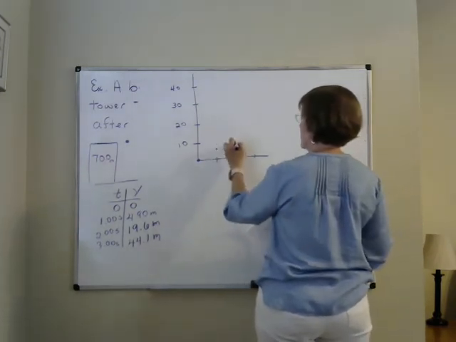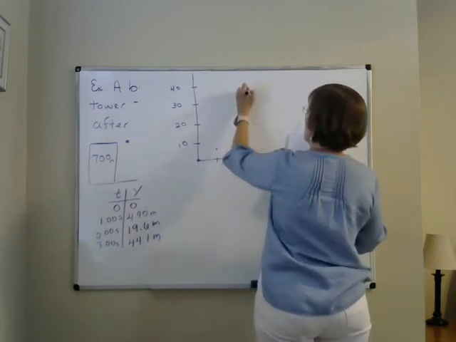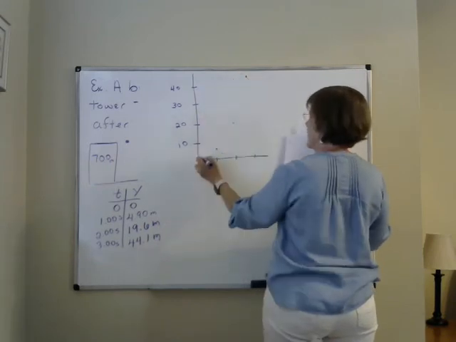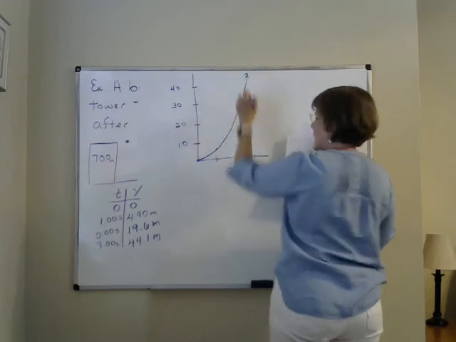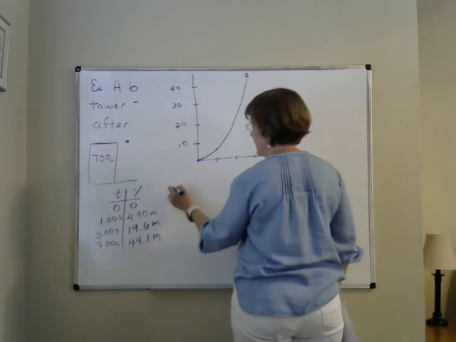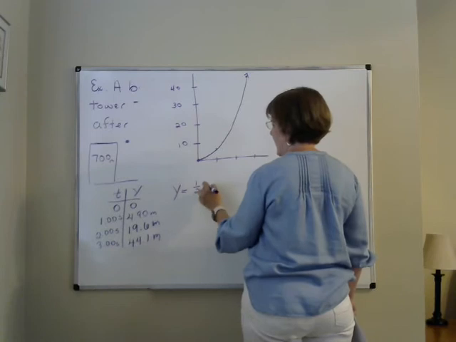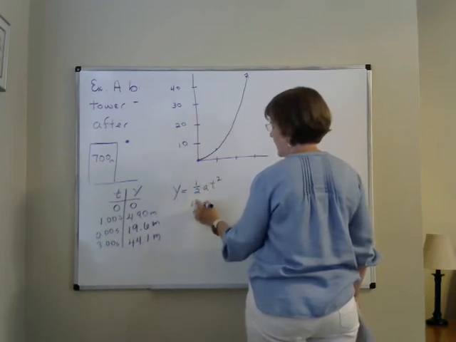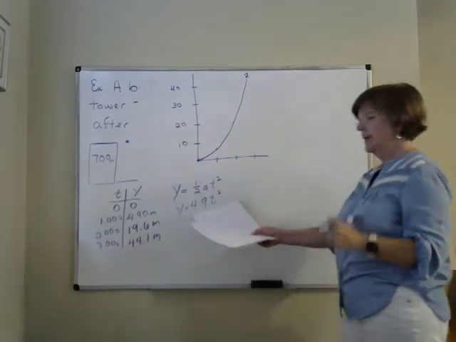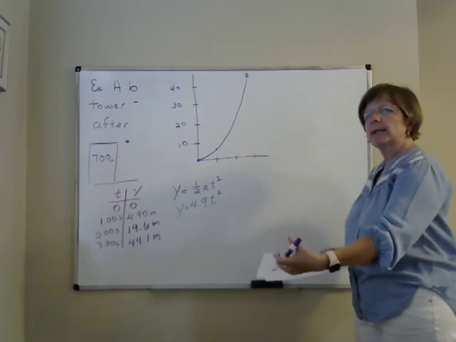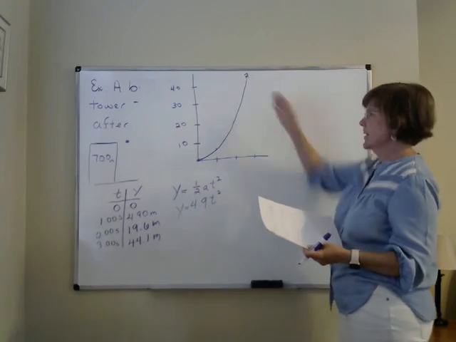At 2 seconds, it had gone approximately 20. And by 3 seconds, it had gone approximately 45. Notice it forms a parabola, which is exactly what we expect, because remember, we found its position was equal to 1/2 at squared, or 4.9t squared. So it was, in fact, a quadratic function. The distance that it falls depends not on the time, but on the square of the time. So we're not surprised it's quadratic.